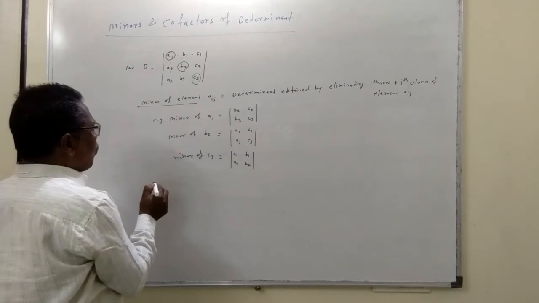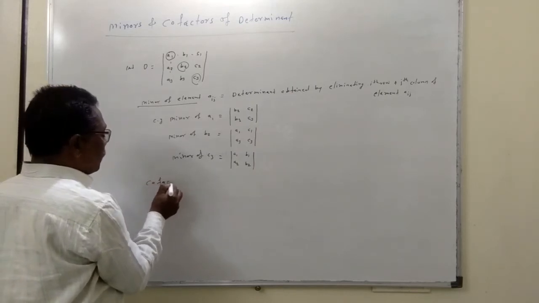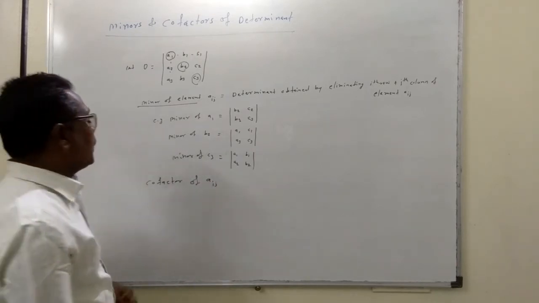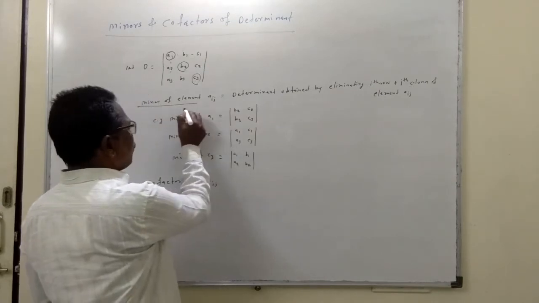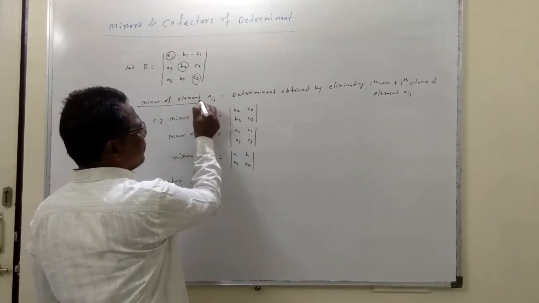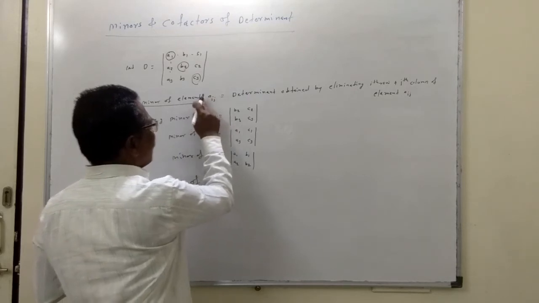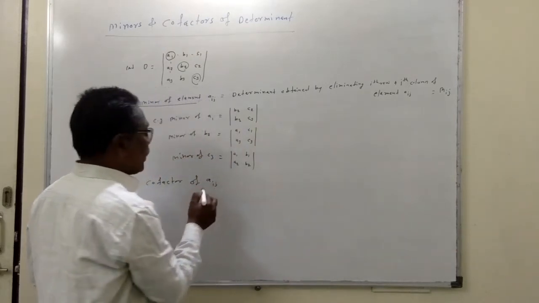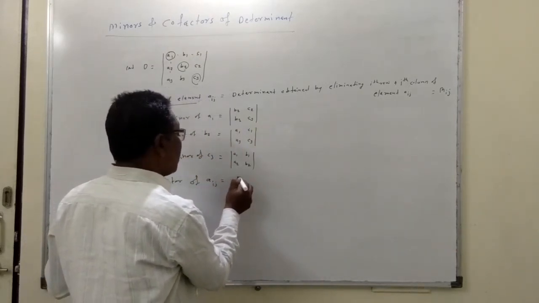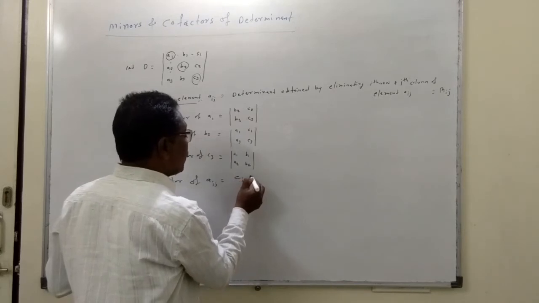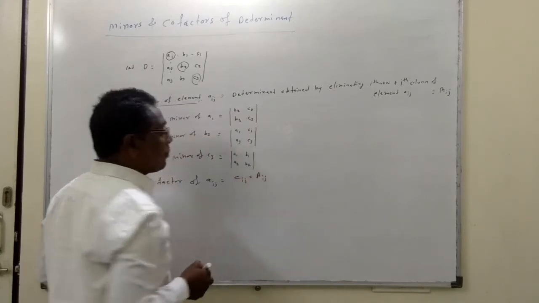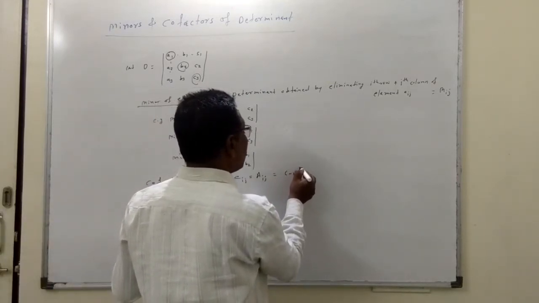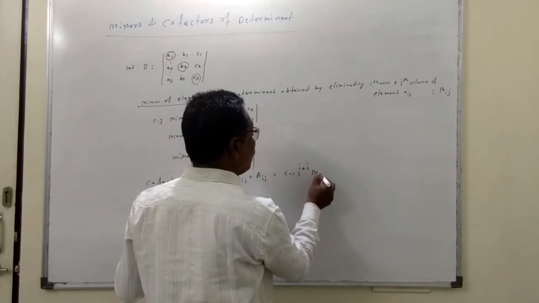Now here we find the cofactor. So the cofactor of, in general, the element Aij. The minor we can indicate as Mij. So the cofactor of Aij, we can indicate as Cij or maybe Aij, is equal to minus 1 raised to i plus j into Mij.